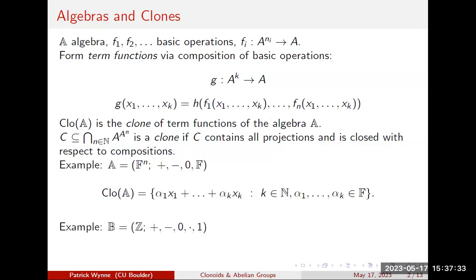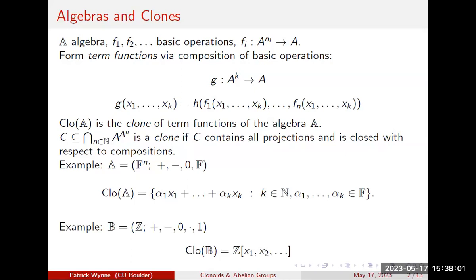Another example: if we have the integers as a ring with addition, negation, constant zero, as well as the product and constant 1, then all of the operations that we can form from these basic operations, the term clone of this algebra, would just be all of the polynomials in however many variables over the integers.